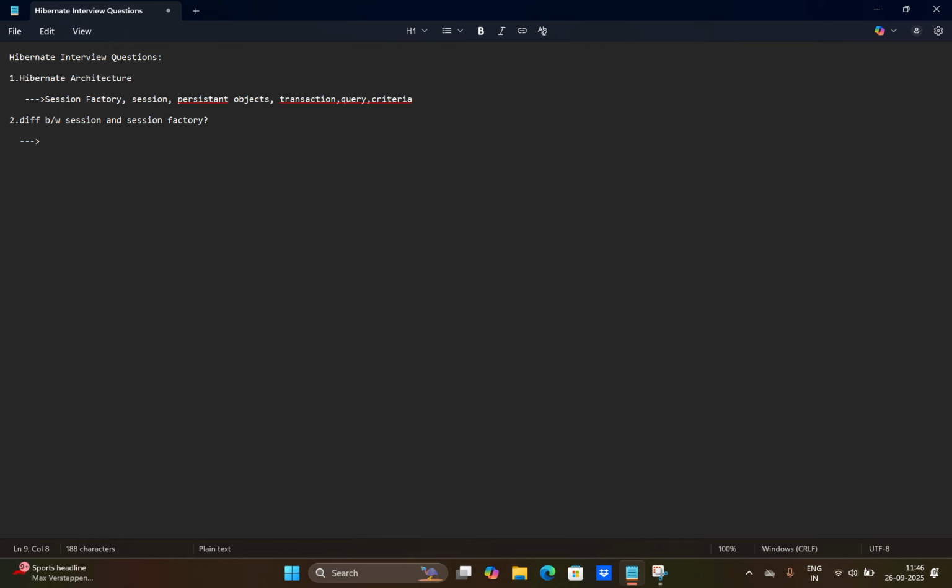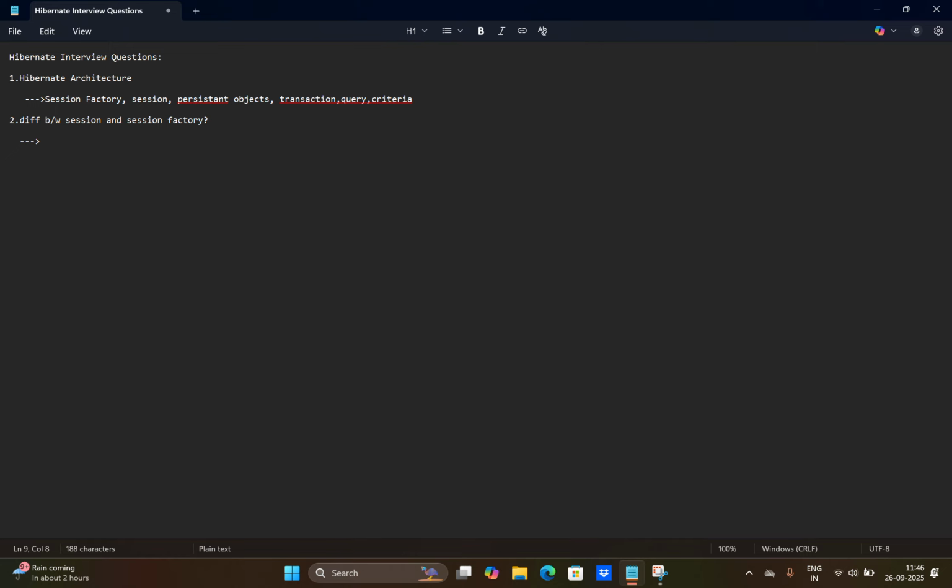Coming to object creation, a session is created and managed by the session factory, while the session factory is created and managed by the application. Coming to usage, a session performs database operations and manages object state.